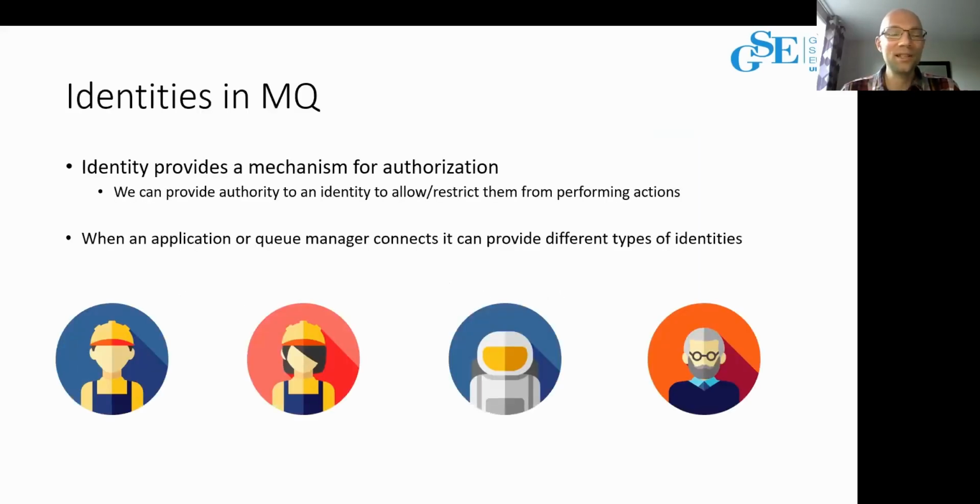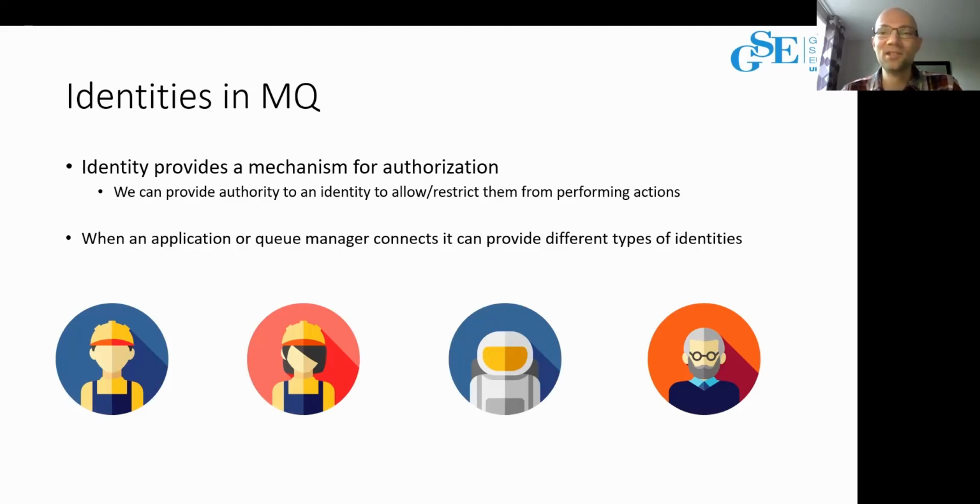So that's our goal, and let's start off by looking at identities. What I mean by identities is this: any application, or actually any queue manager, connecting into a queue manager, because we can have connections between an application and a queue manager, or from one queue manager to another in MQ. So a connection that comes into a queue manager can be from either an application or a queue manager.